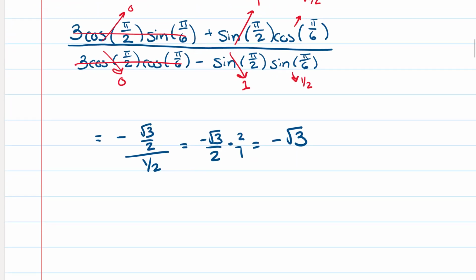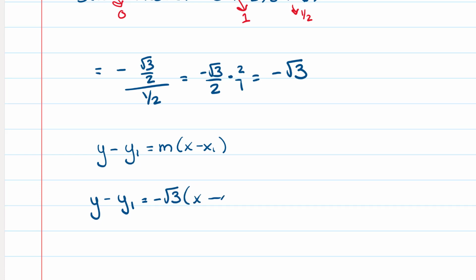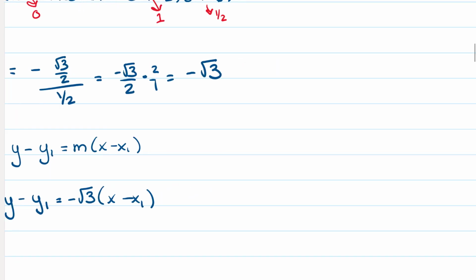Alright, last step is to create the equation for our tangent line. So we have y minus y1 is equal to m times x minus x1. And we have to find y1 and we have to find x1. So remember, we have our equations. y is equal to 2 sine 3 theta sine theta. All we have to do now is plug in pi over 6.